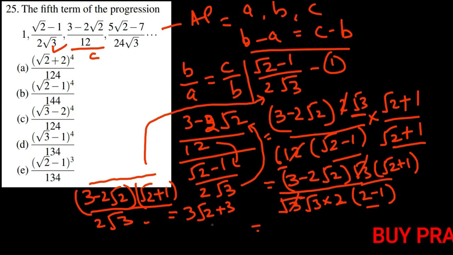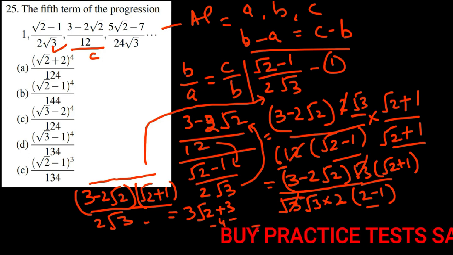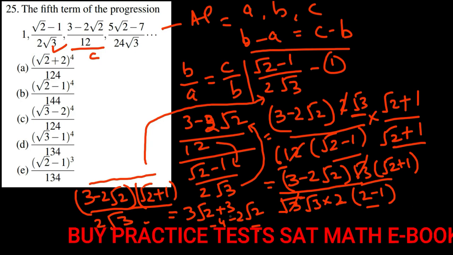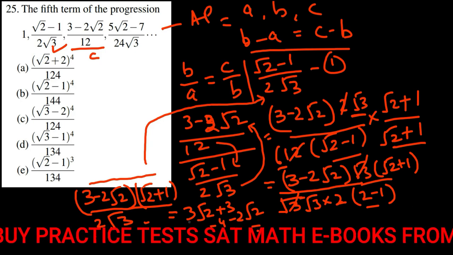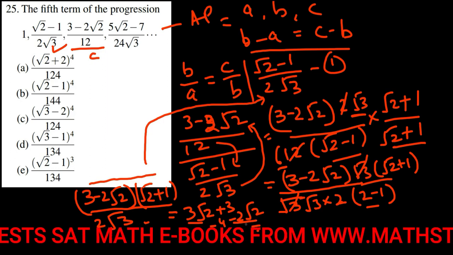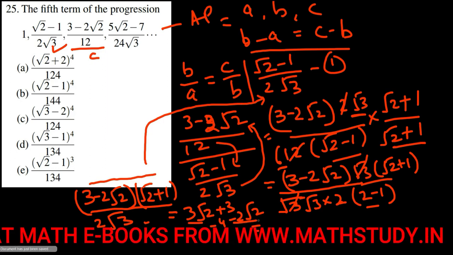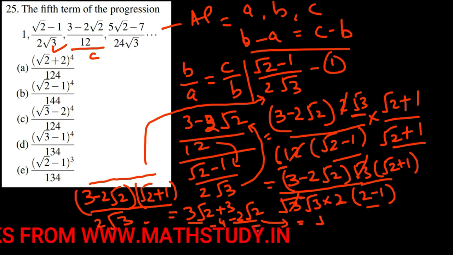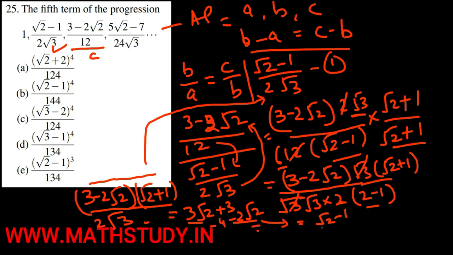Now minus 2 root 2 with root 2 is minus 4, and minus 2 root 2 with 1 is minus 2 root 2. Very simple, right? Now 3 minus 4 is minus 1 and 3 root 2 minus 2 root 2 is only root 2. We are now simplifying the numerator part only, right? So we will get root 2 minus 1 after simplifying.